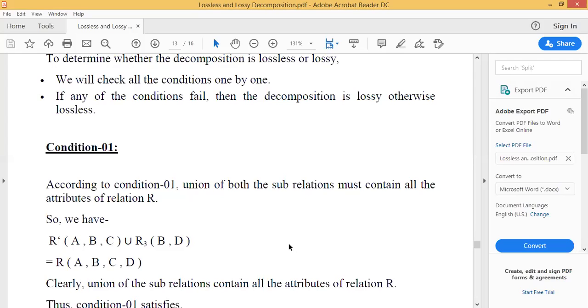So we have to check the conditions one by one. First condition: the union of both the subrelations must contain all the attributes of relation R. So we have R dash, which holds three attributes A, B, C, union R3 (B and D). So clearly R holds all the attributes A, B, C, D. So condition 1 is satisfied.